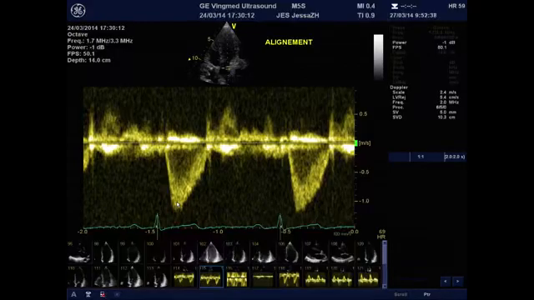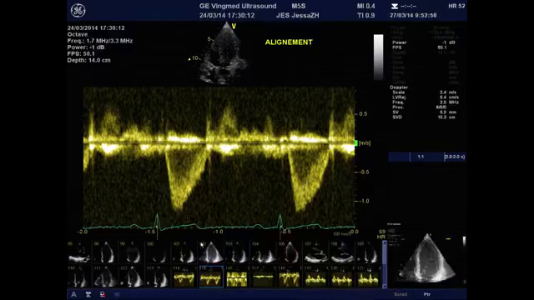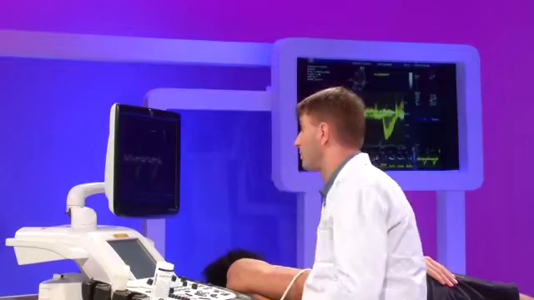In this case, when you tilt your probe and you reposition the probe, you align it well, you will get just higher velocities. And in a normal aortic valve, it might not differ a lot, but especially if you look at high velocities, aortic stenosis for instance, it will make a big difference. So very good alignment of your beam to the flow of the blood is very important.